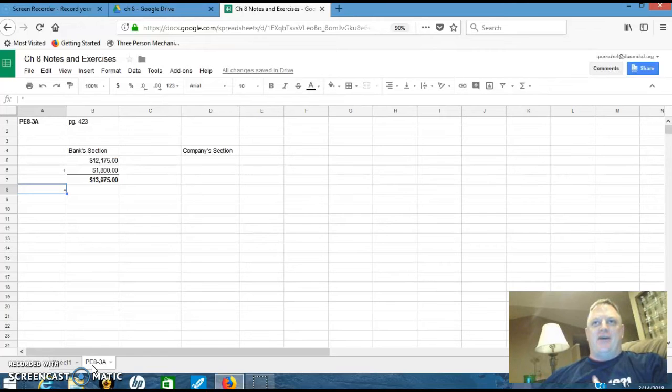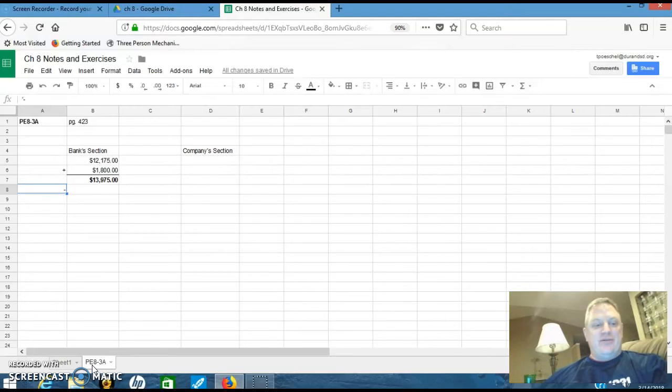When we received that check, we automatically deposited it, assumed that it was good. We now are getting back from the bank saying it's not good. So we need to take that out. But that comes out of the company section. So that's not part of the bank section because the bank will take out NSF checks automatically.